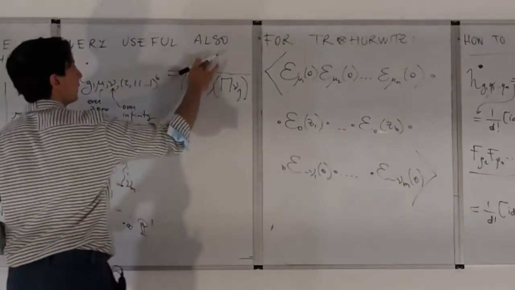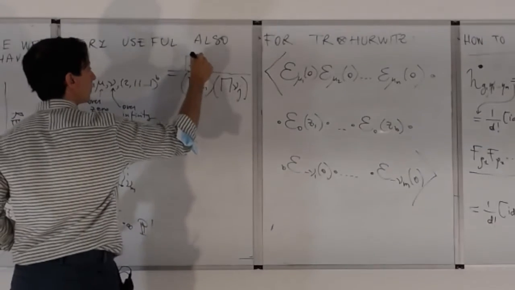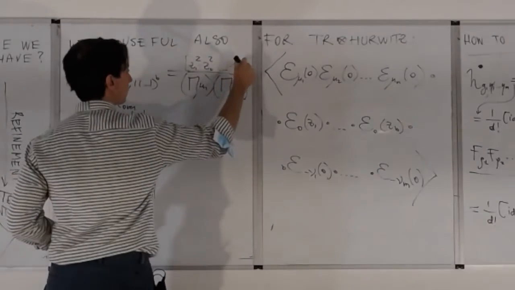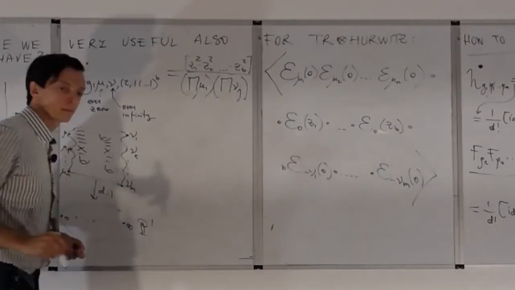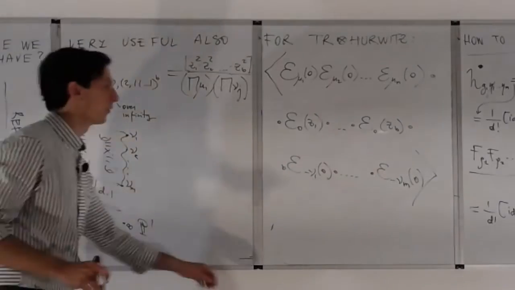And then here you want to collect z_1 to the power 2, z_2 to the power 2, up to z_b to the power 2. And then I have to write how these guys behave.